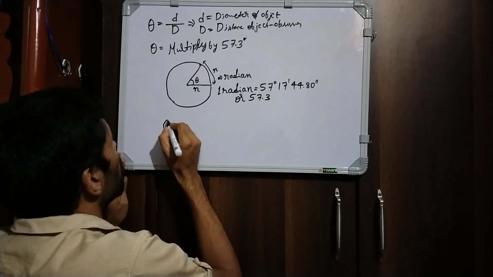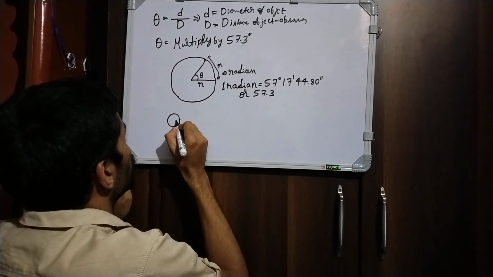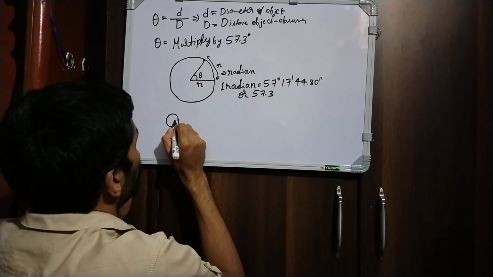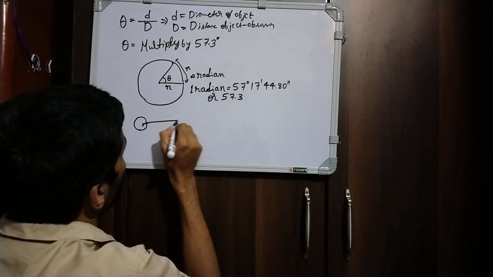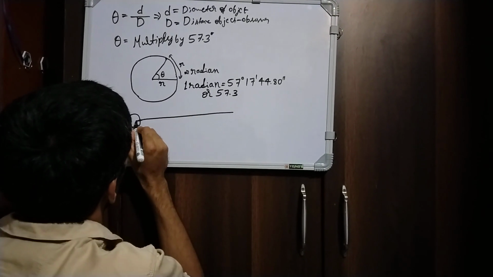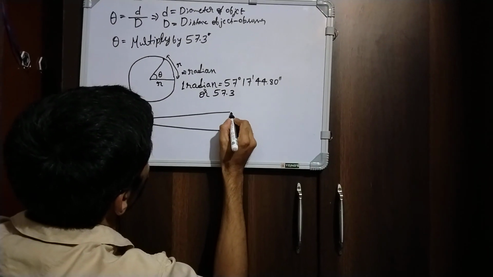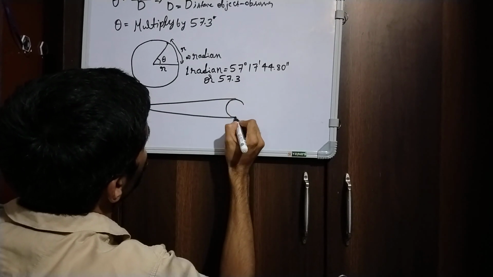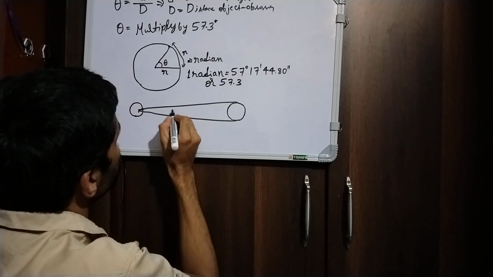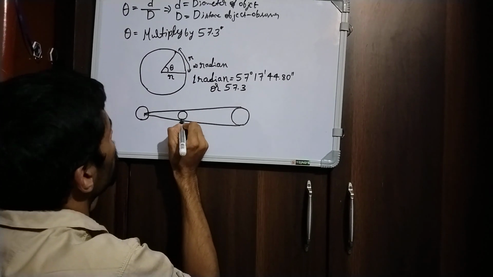See, here our earth is there and you are stationed here and you are looking at the sky at the time of total solar eclipse. Here is the sun and here is our moon, which is quite nearer to us.